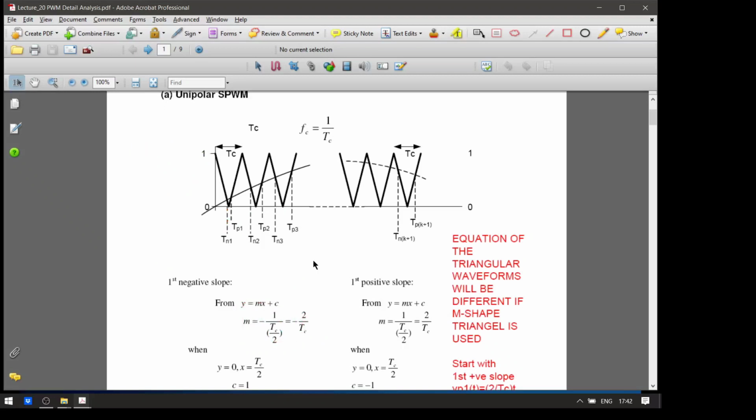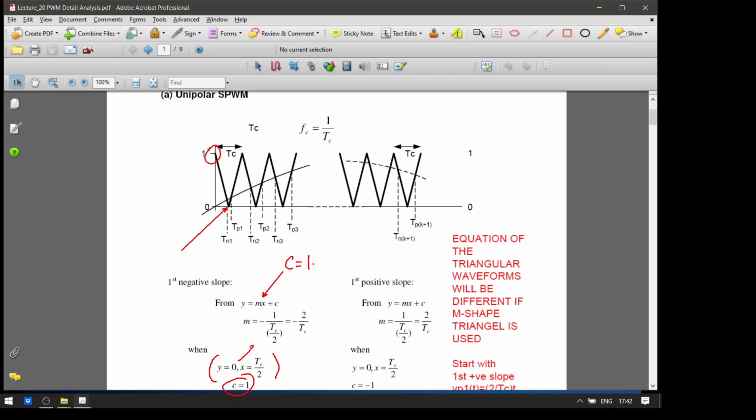And then we know that at this point y equals 0 and x equals TC over 2, and from that information we substitute and identify c equals 1.